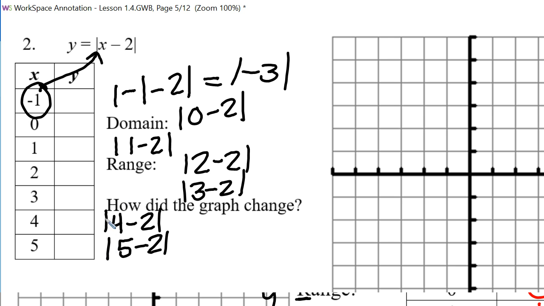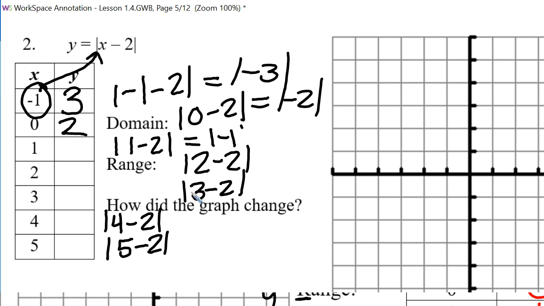And what is the absolute value of -3? Positive 3. Distance from 0 is always positive. Next one, what is 0 minus 2? -2. What's the absolute value of -2? 2. What is 1 minus 2?